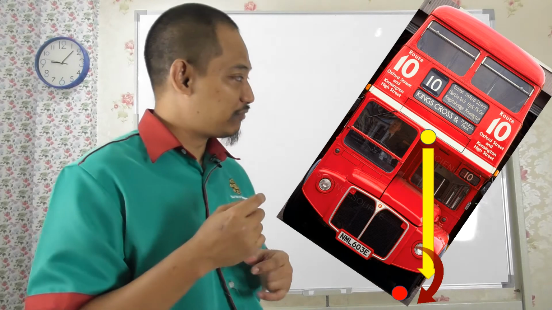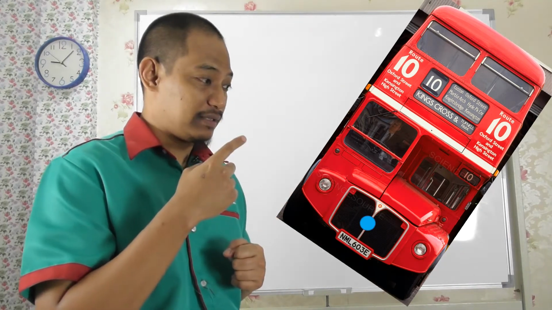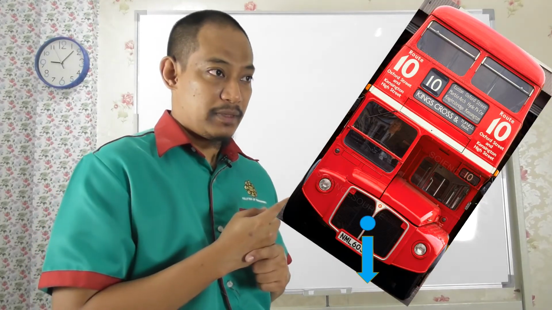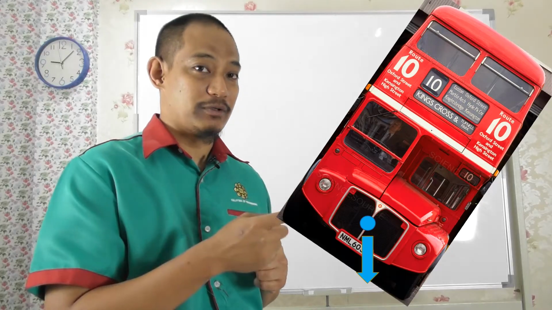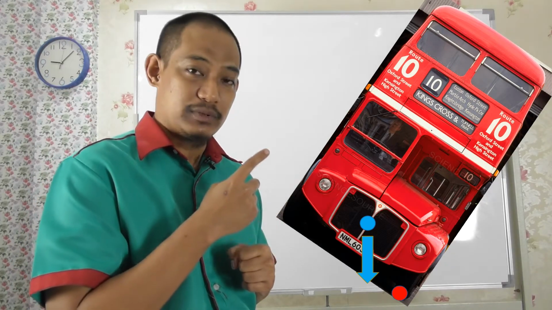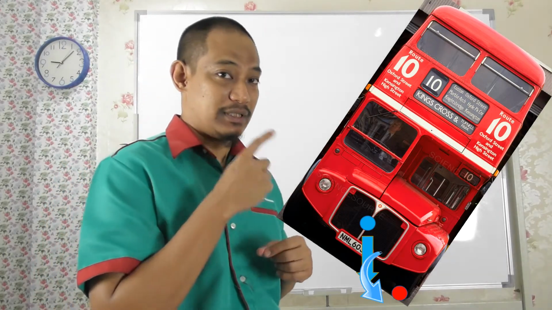But if the center of gravity is low enough, for example, at that point there, and you draw the force downwards from that center of gravity, and you consider the moment about the same point, the tendency for rotation will be in that direction.